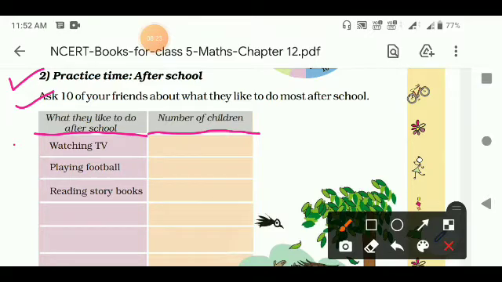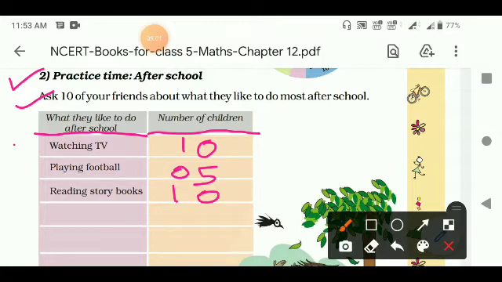So you can write here 10. Then playing football, 5. Reading storybook, 10. And after that, you can also write other activities like playing cricket, playing basketball, hockey, and write the number of children. So you can do this activity yourself and fill this table yourself.